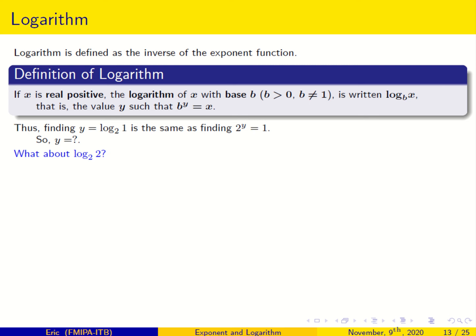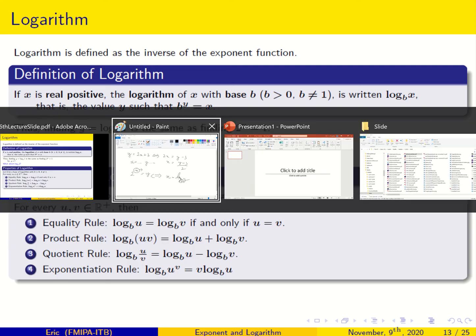What about log 2 with base 2? I can bring this to the exponential function. It gives 2 to the power of y equals 2, so y should be 1.